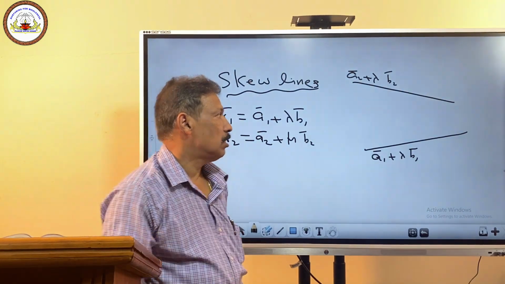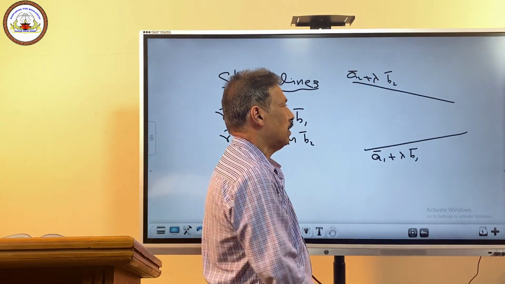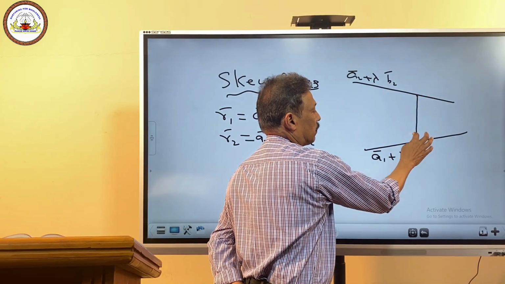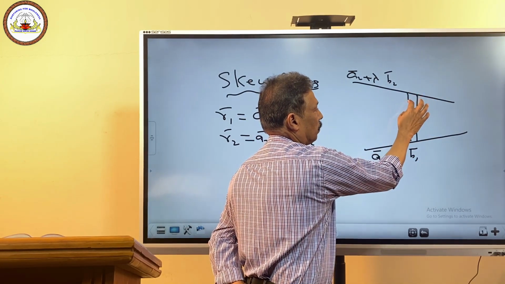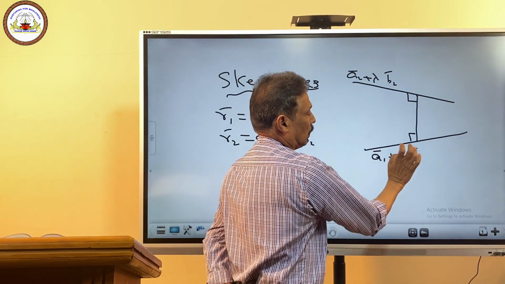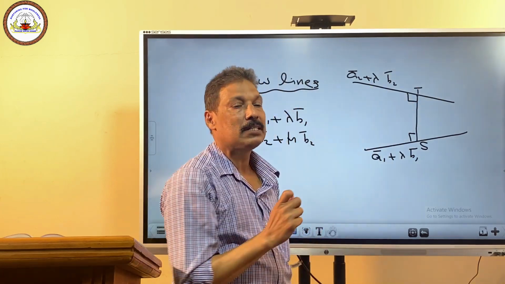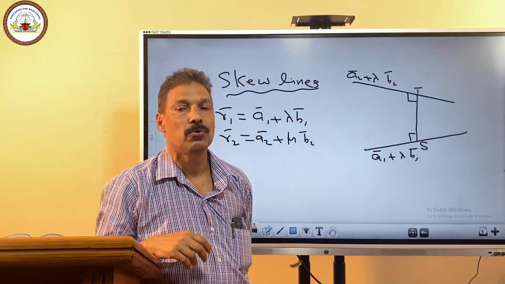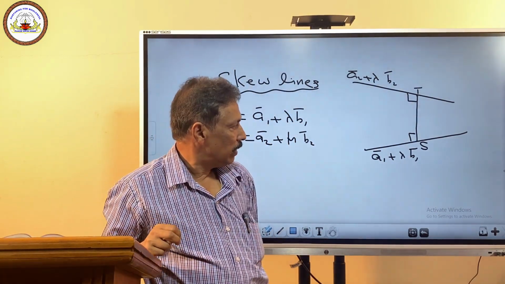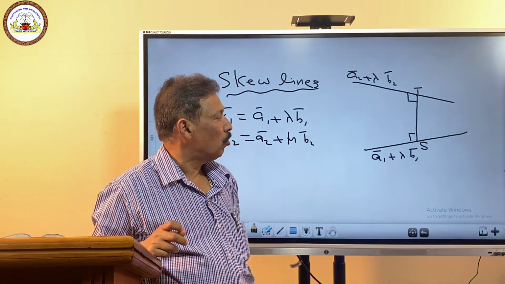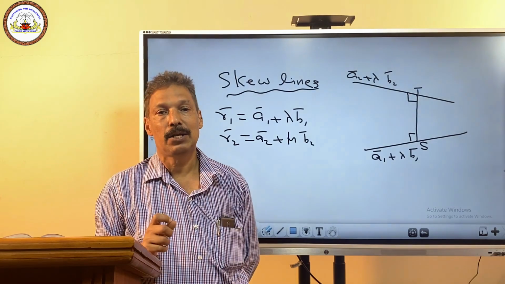First of all, we consider a new segment which is perpendicular to both these two lines. We can take the endpoints as S and T. The shortest distance between these two skew lines is ST. The speciality of ST is that it is perpendicular to both lines L1 and L2.